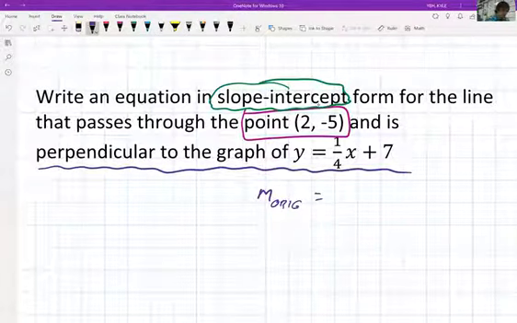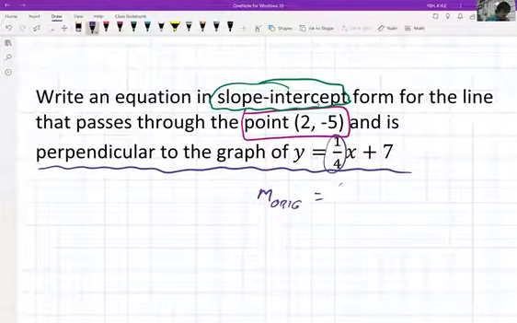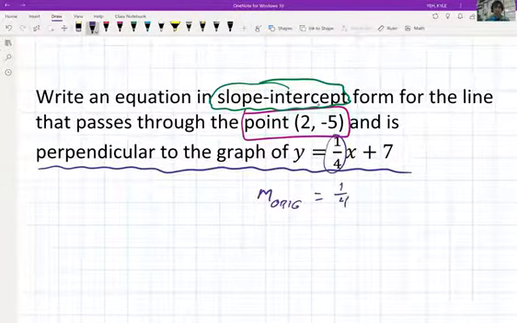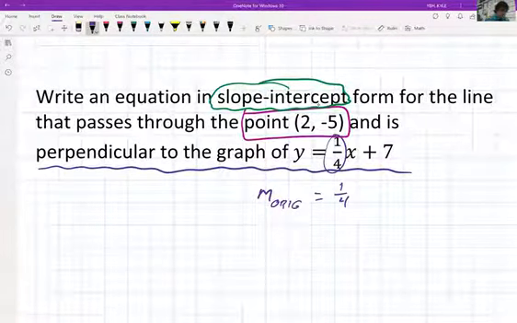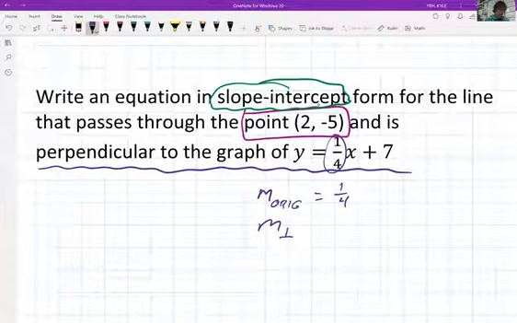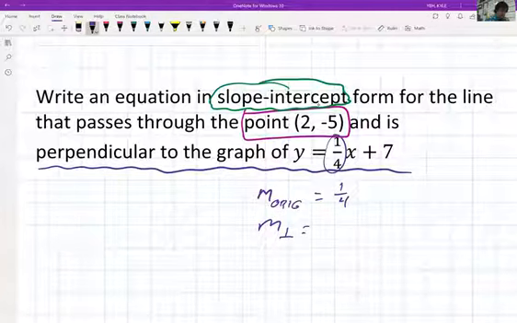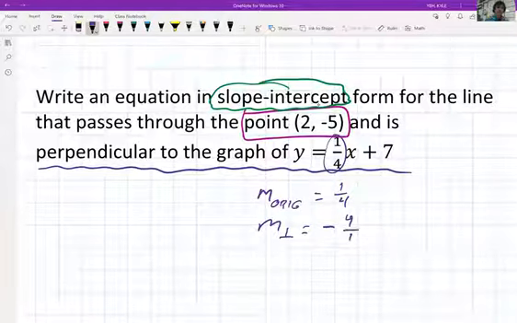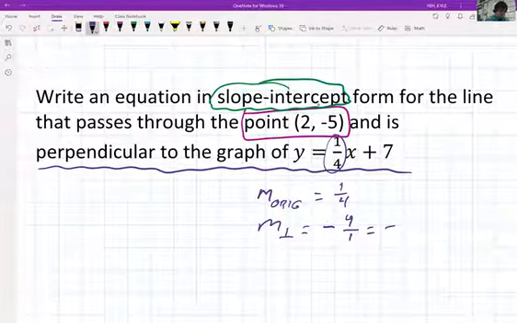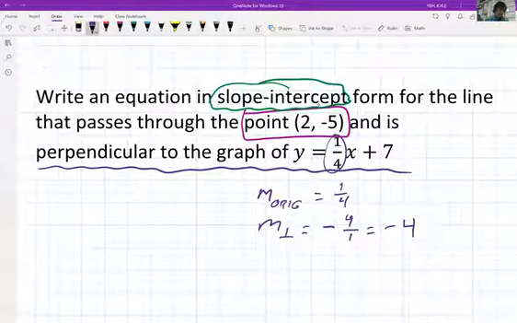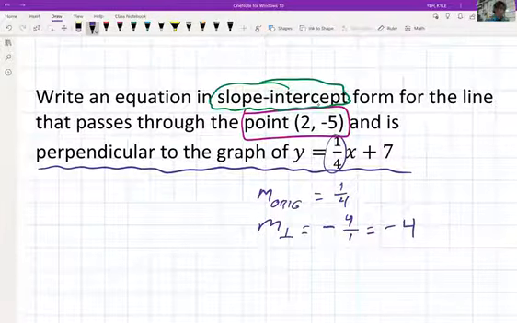So our original slope here that we're given is 1/4, m original, the original slope. So what then is m, and I'll draw the perpendicular symbol. What is the perpendicular slope going to be? It's going to be the opposite, so change the sign, reciprocal, flip the fraction, and I'll just write that as -4. So I know a point, I know my slope.